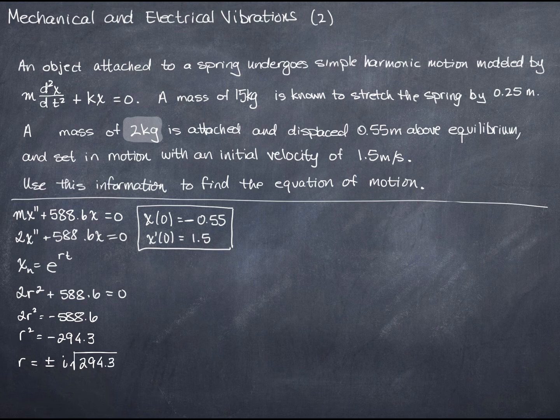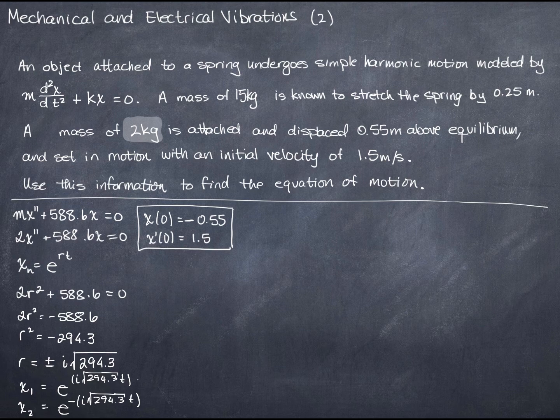Okay, so my solutions should look something like this. x sub 1 and x sub 2 are e to the power of i times the root of 294.3 times t, and e to the power of negative i times the square root of 294.3 times t.